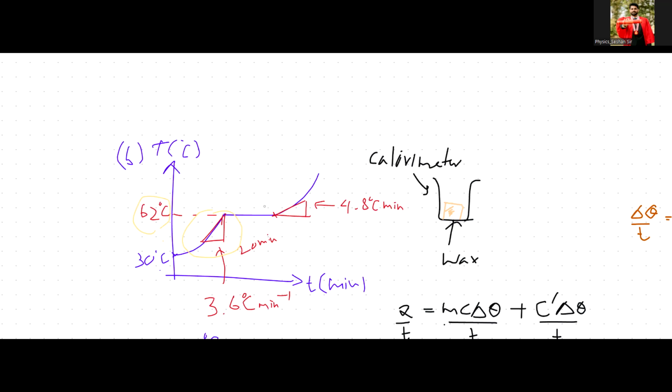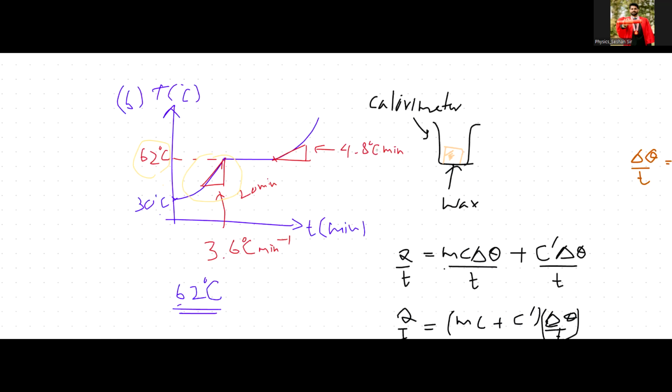It is not only wax, but the calorimeter also. Now we have this rate of cooling, 4.8 Celsius per minute. It should be Celsius per minute.